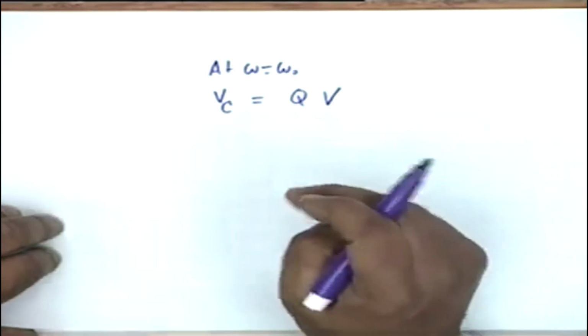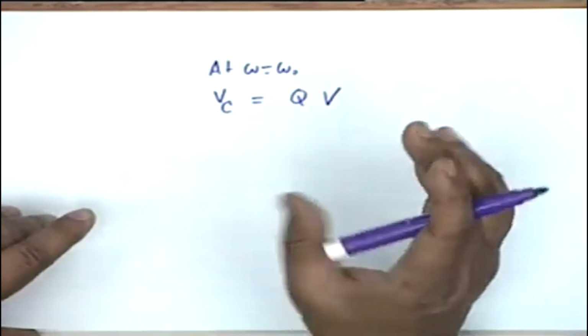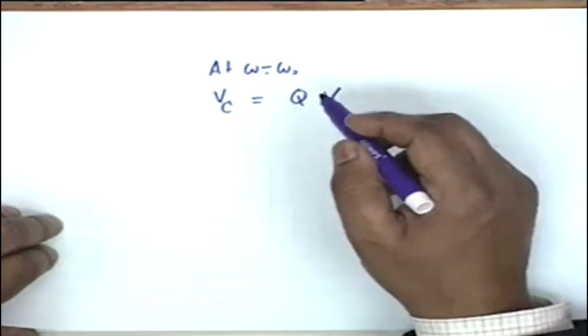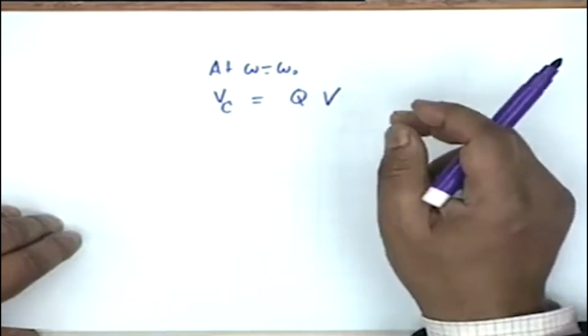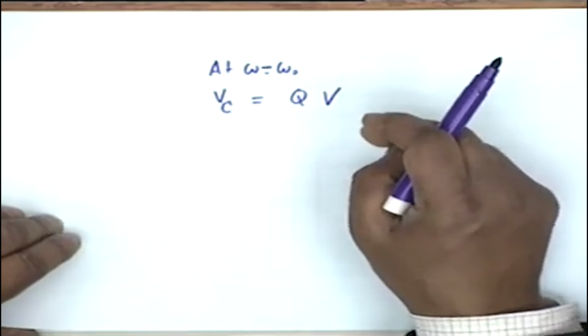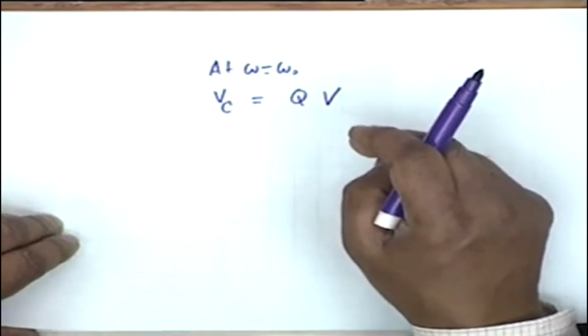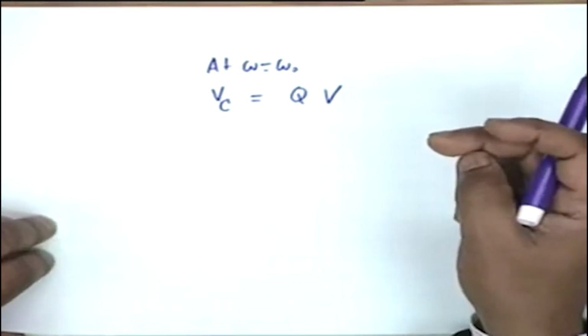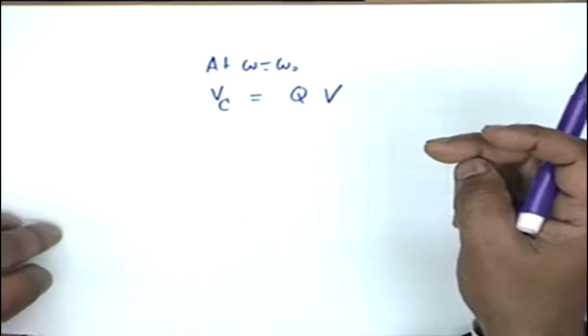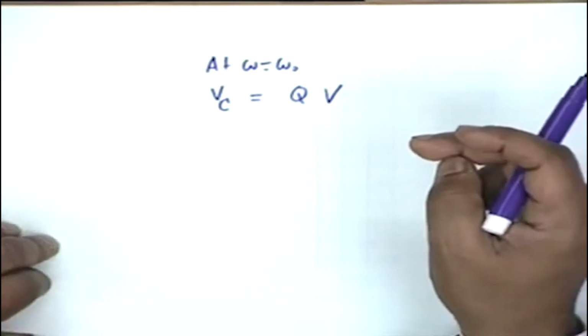Remember, we are considering only amplitudes, only magnitudes. So at resonance, V sub C and V sub L can be much larger than the applied voltage, and so there is a stepping up, and this stepping up is technically known as resonance transformation. That is a transformer which uses the property of resonance.